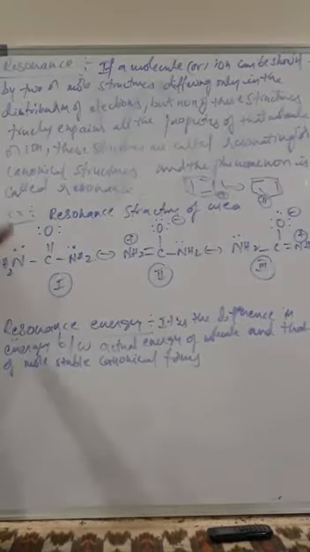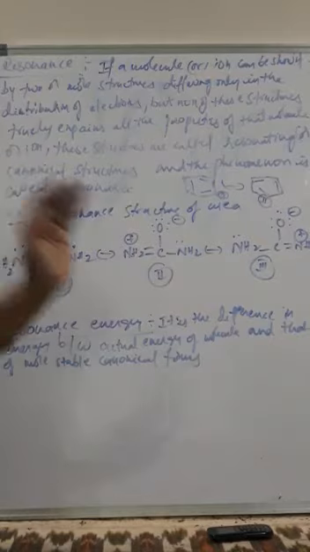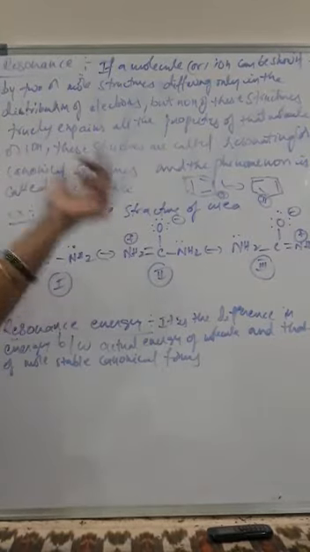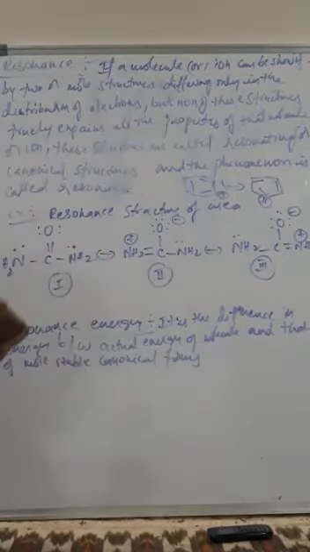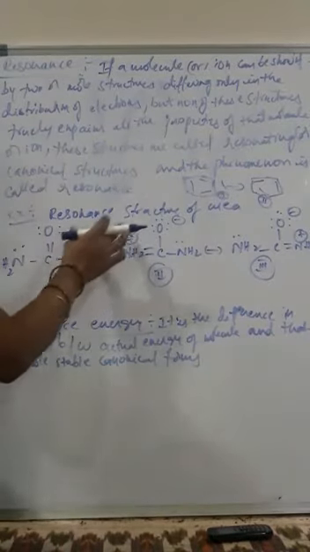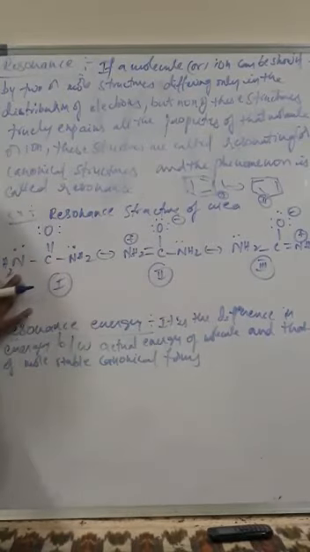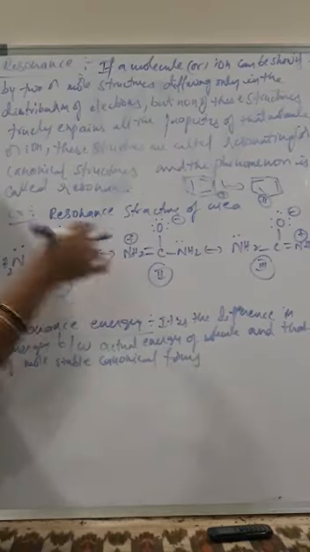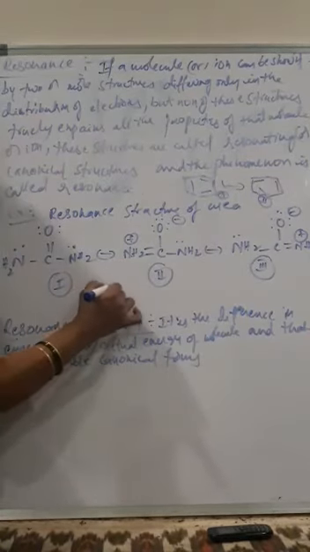The real structure of the molecule is not possible to draw, because it is only a hypothetical structure, which is known as the resonance hybrid.